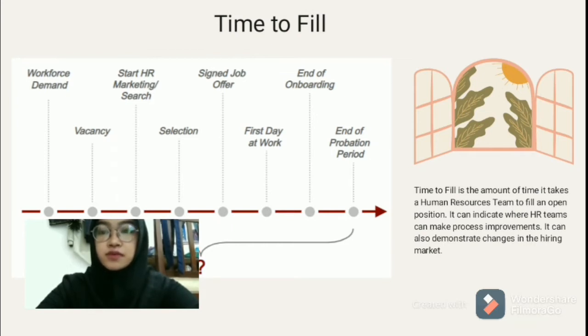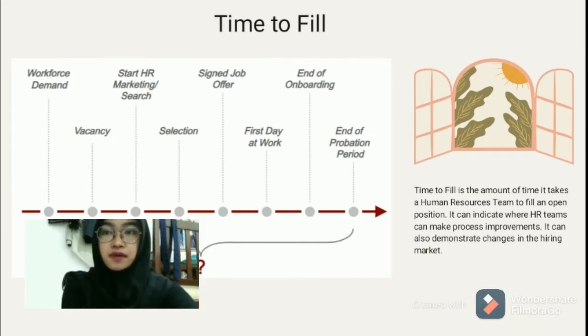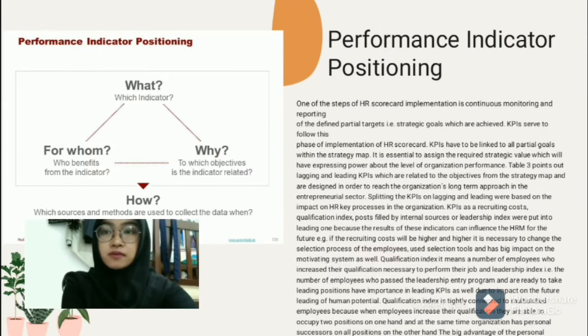So in these two options, we cannot say which one is right and which one is wrong, but we need to adapt to the company's regulations to make sure that the time to fill that we choose is the right one. Next, I will be talking about performance indicator positioning.